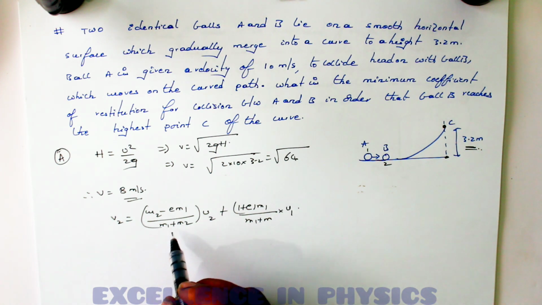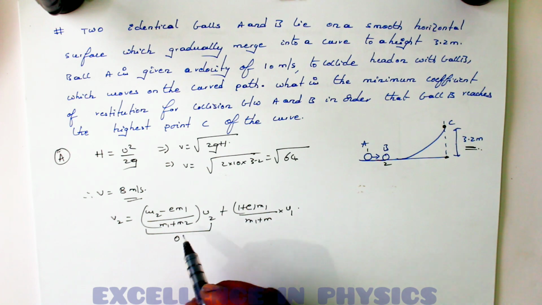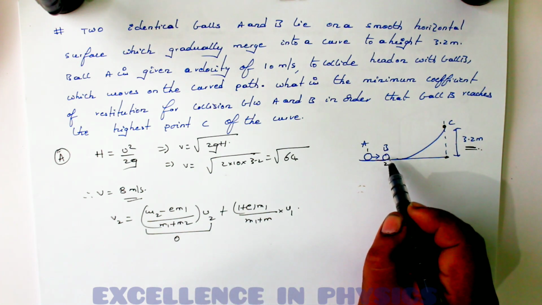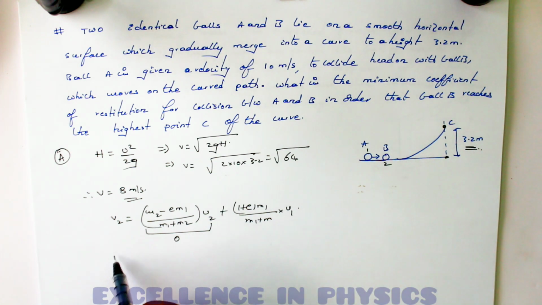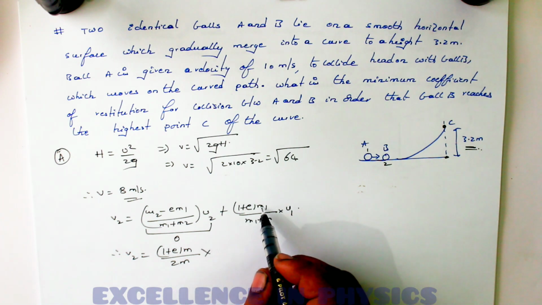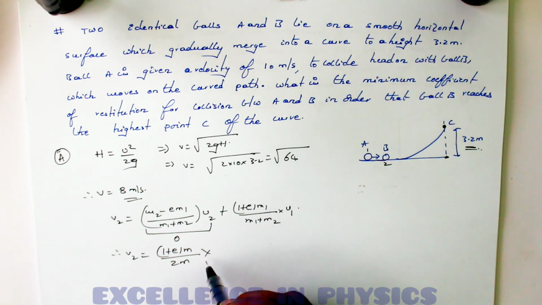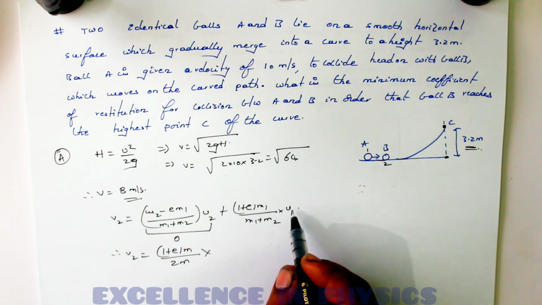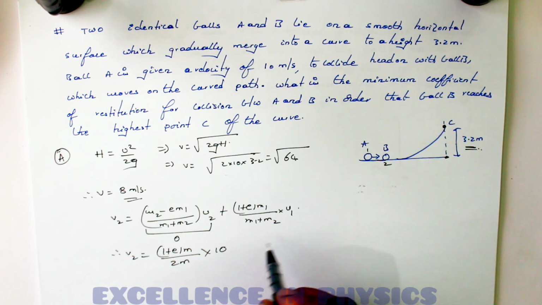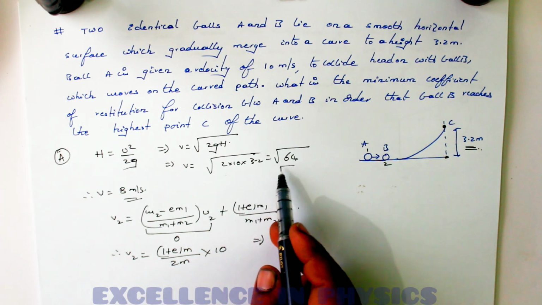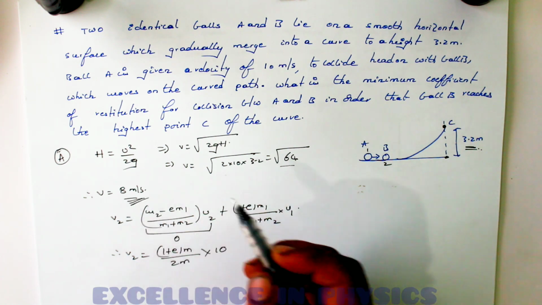The first term becomes 0 because initially ball B was at rest. So V2 is equal to (1 plus e) into m divided by 2m. They are identical balls, so instead of m2 I will write m, and m plus m becomes 2m. The initial velocity of the first ball was 10 meters per second, and V2 we have already calculated is 8 meters per second.